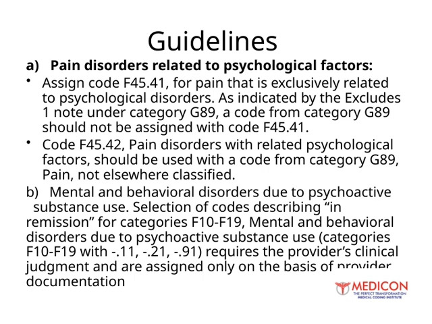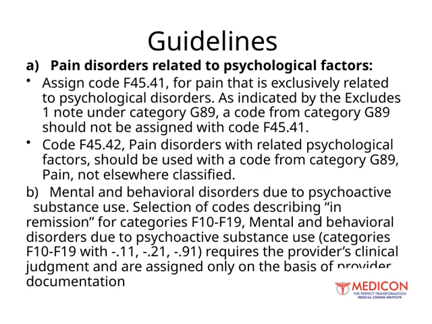Now, shifting to mental and behavioral disorders due to psychoactive substance use, when selecting codes for these conditions, especially for categories F10 through F19, it's crucial to consider the concept of remission. If a provider documents a disorder as being in remission, we need to rely on their clinical judgment to assign the appropriate code, specifically those with the suffixes -.11, -.21, or -.91.